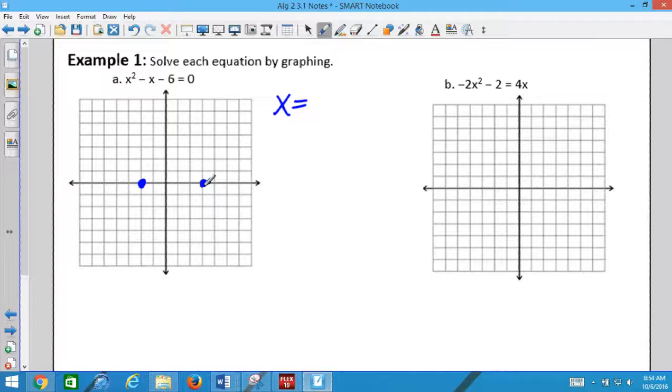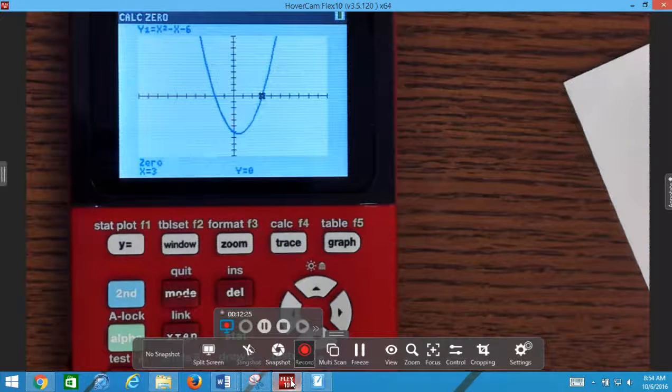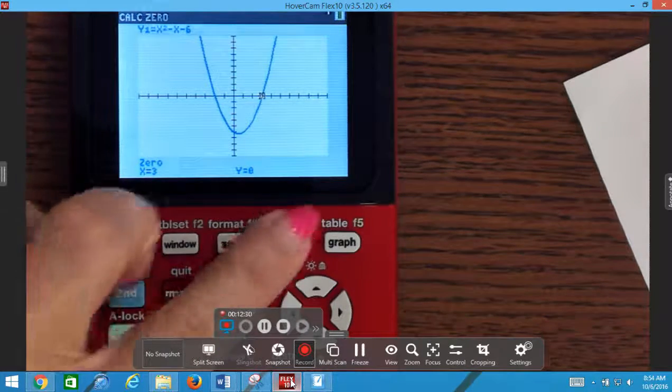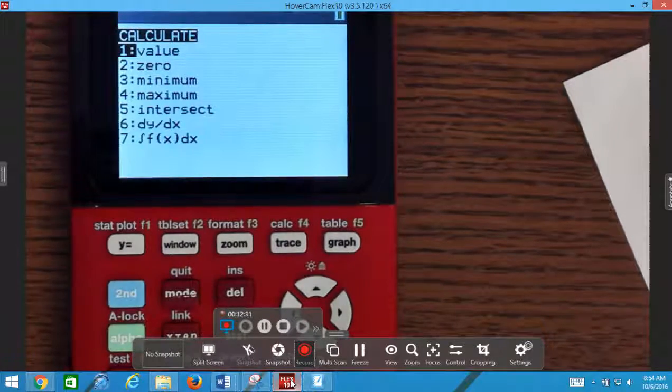So let's go find our vertex. To find the vertex, same thing, second trace, and it doesn't give you an option for vertex. So you have to know if we are finding a minimum or a maximum. And it would be a minimum, right, because the graph has a low point. It opens up. So we're going to choose number 3, minimum.